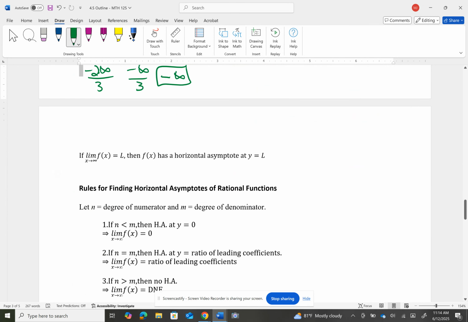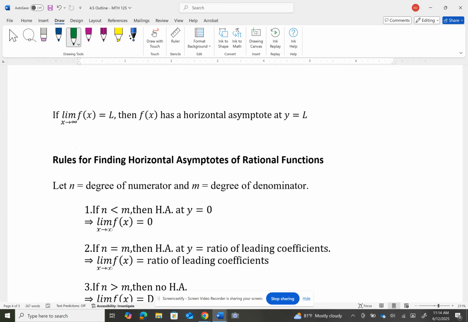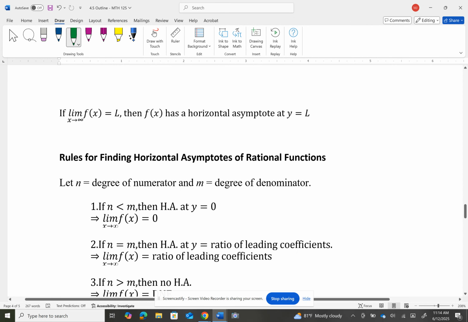Okay. All right, now, if you're looking at the limit of a function as x approaches infinity and it equals some fixed number, what that means is maybe the answer turned out to be a 0, or maybe it turned out to be something like -2/3 or 10, okay, but a number.